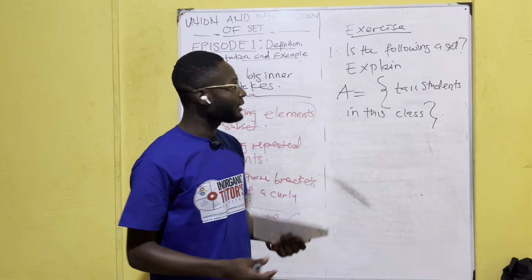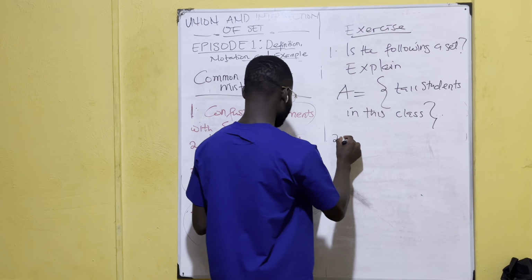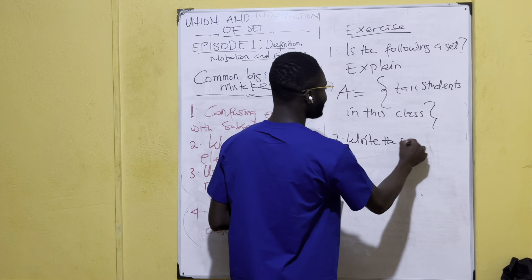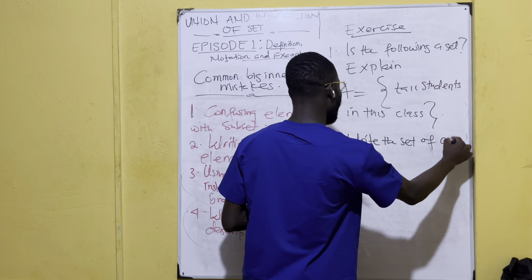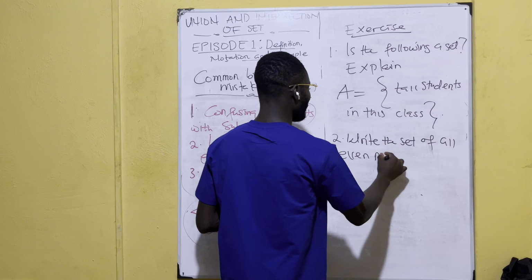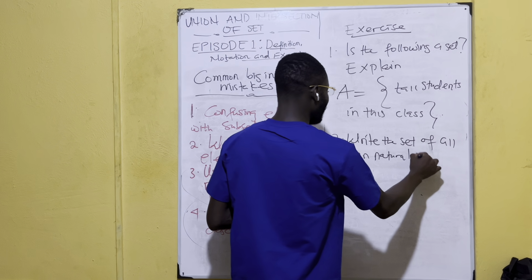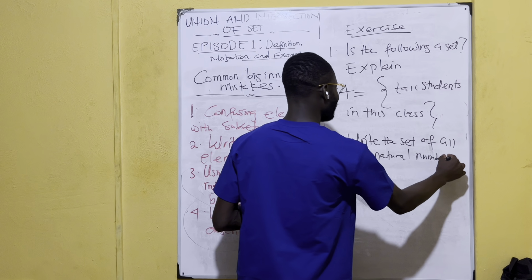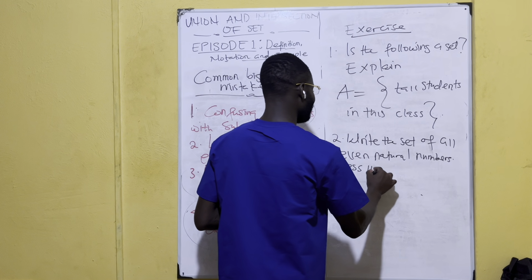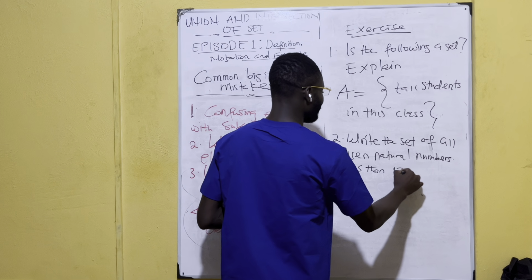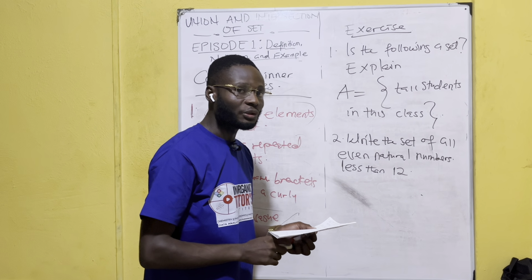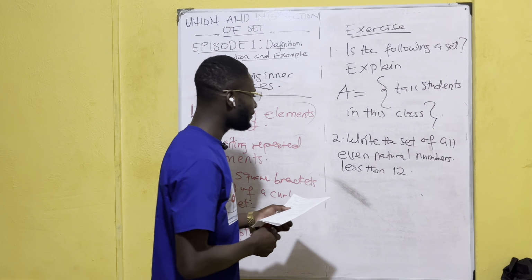The second one is: write the set of all even natural numbers less than 12.